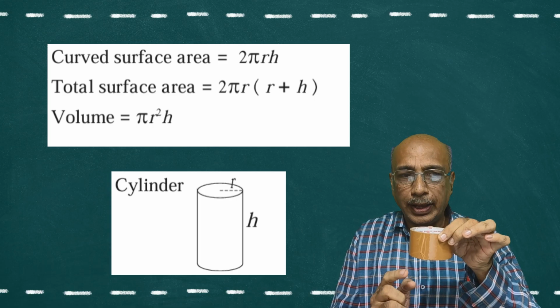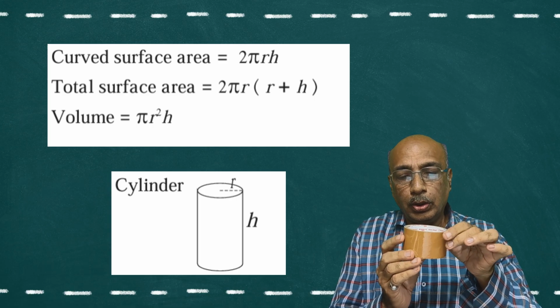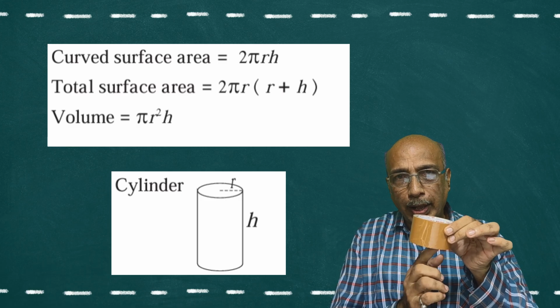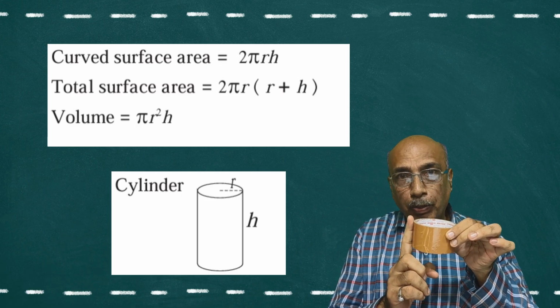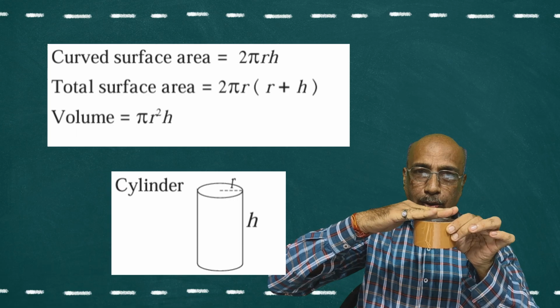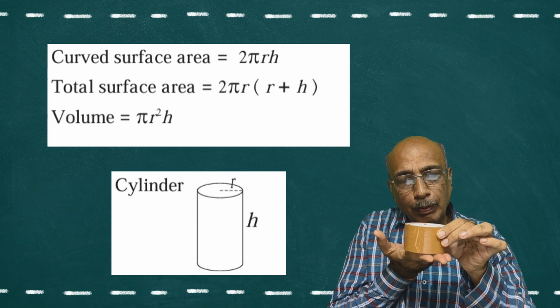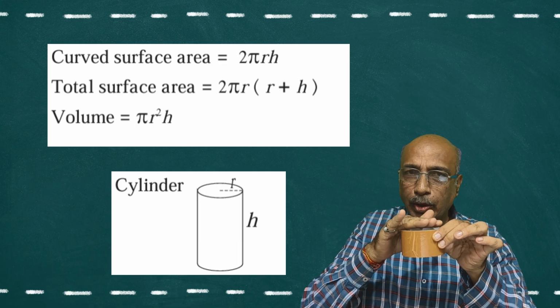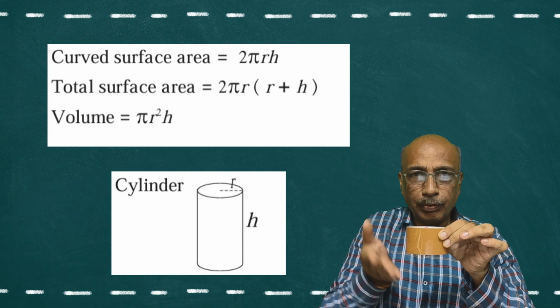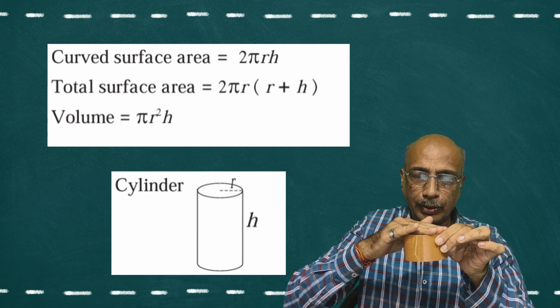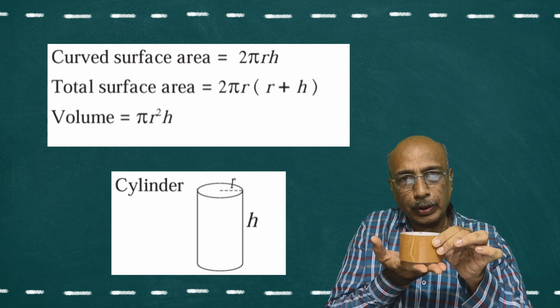Total surface area will be, now here you see 2 pi r h plus pi r square on the top circular region, pi r square at the bottom also circular region. This will be closed. Cylinder will be closed from both the sides. Pi r square on the top and bottom also pi r square.